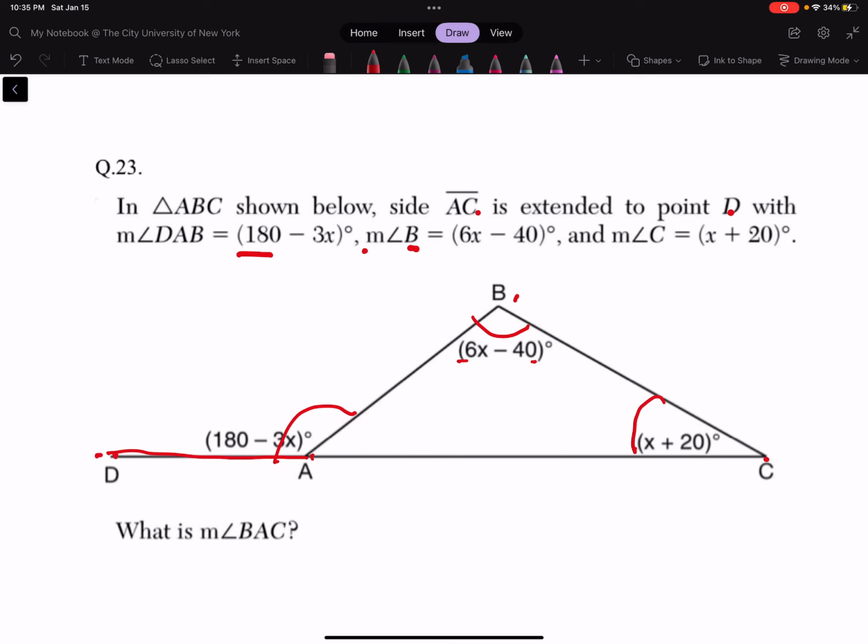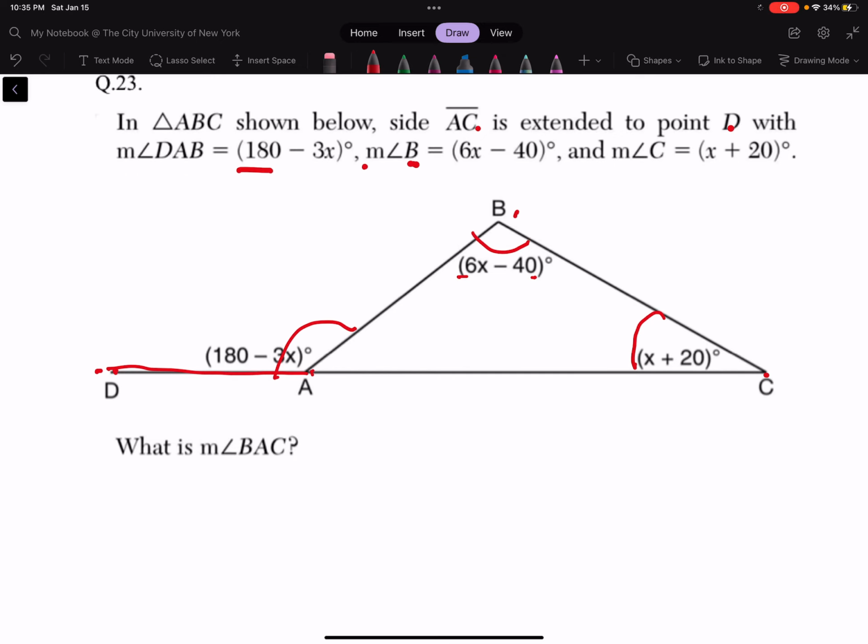All right. So what you should do is, this is the exterior angle theorem. So the sum of the two non-adjacent interior angles equals this exterior angle. So you say 6x minus 40 plus x plus 20 equals this exterior angle.